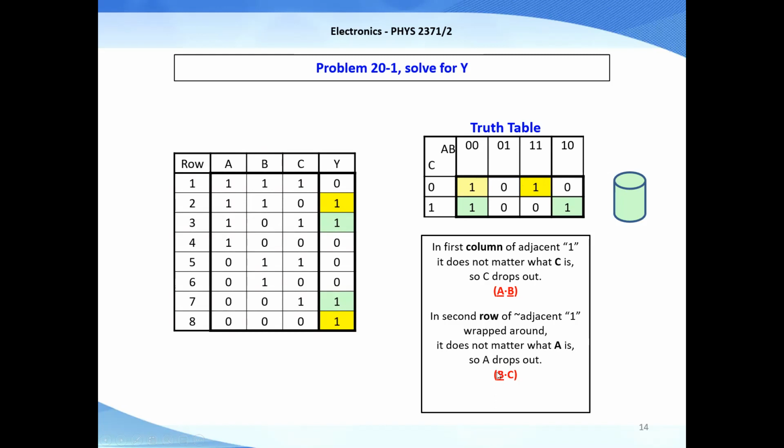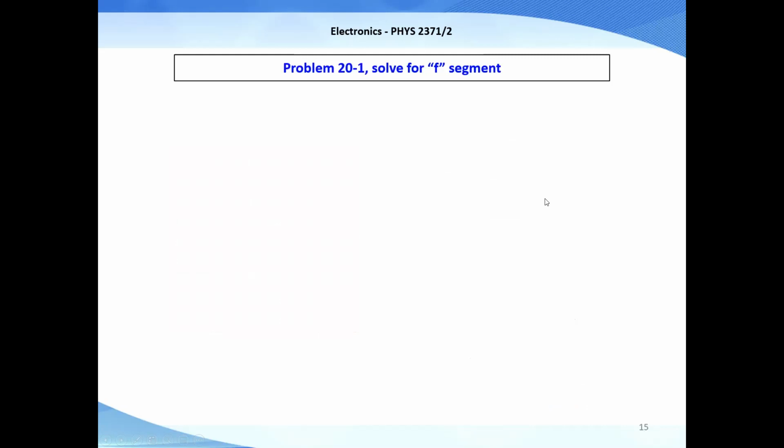And you're also going to have C. So you're going to have B bar, C. Okay, and then you have this lonely mini term here that still has 3 inputs. But the whole point is to wrap around in a circle, in a cylinder this way.